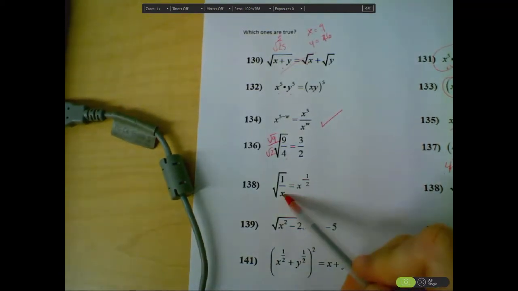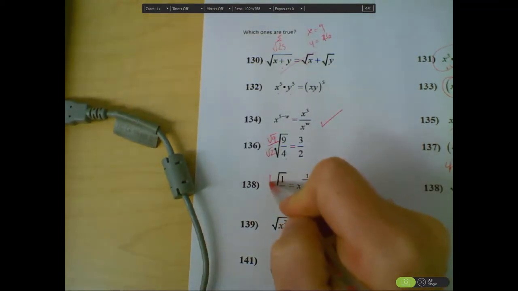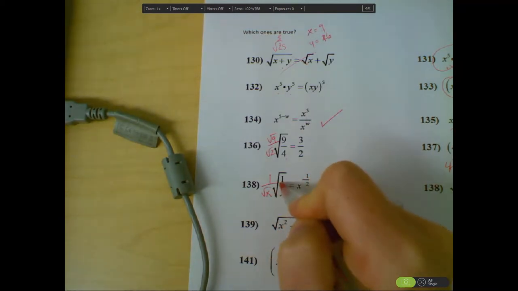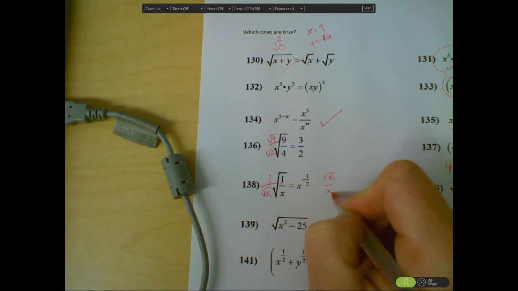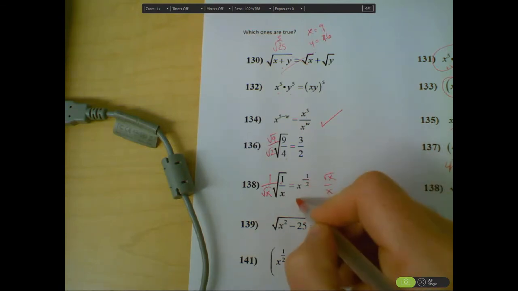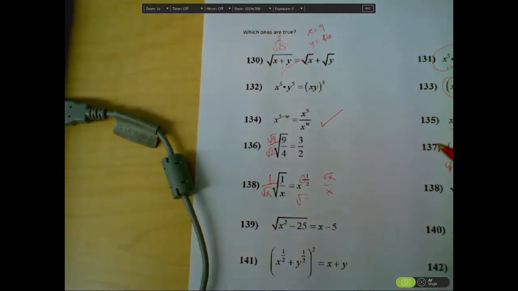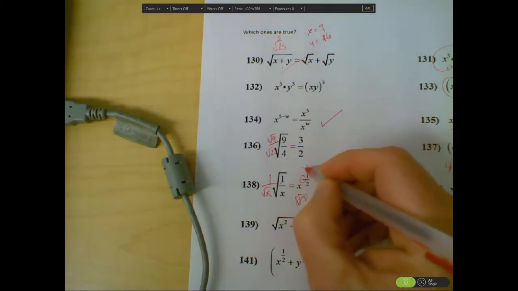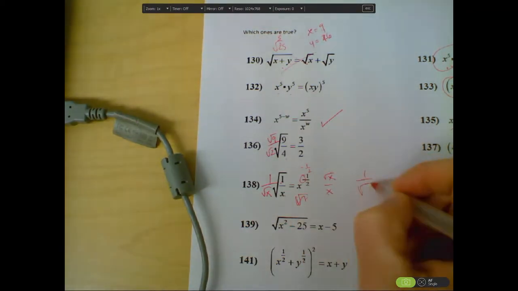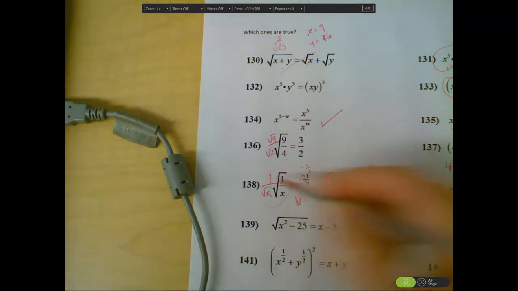This is not true because it's really, the square root of 1 is 1 over root x, and then you would rationalize, so you would have root x over x, which is not the same as just plain old, oh, if that's a negative sign, oh, that is true then. I couldn't really tell that that was a negative. If that's negative 1/2, that means 1 over root x. So those are the same thing. True.